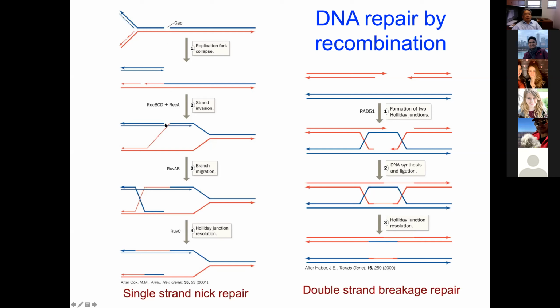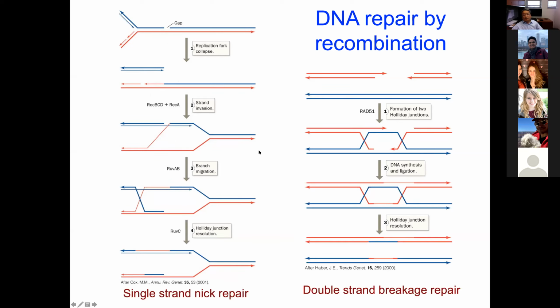Then, by the action of RecA and RecBCD, one of the double strands is used as template, and the other strand will form a single strand and invade this double strand, and then eventually form a Holliday junction. And after resolution of the Holliday junction, the replication fork can be resumed.